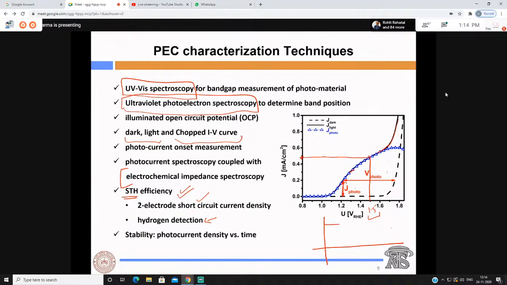For some time it will remain constant, and when the material degrades, the current density decreases. If it decreases and then becomes zero, the material destabilizes. That's how we check the stability of the material. Okay, so these are the protocols for checking a material from the experimental point of view.